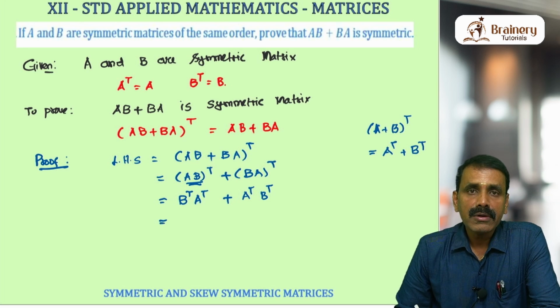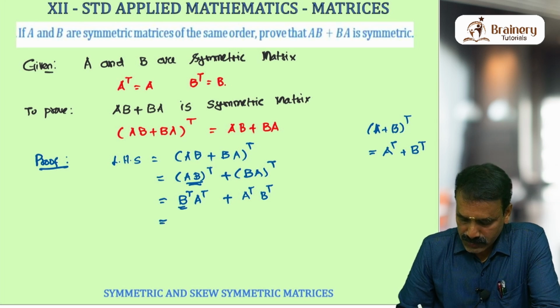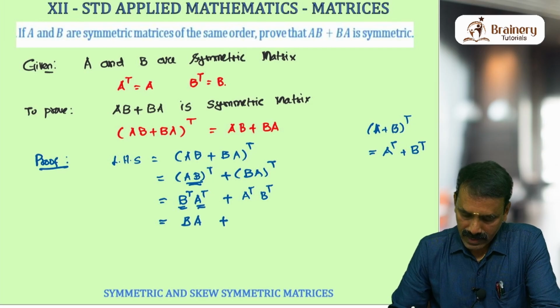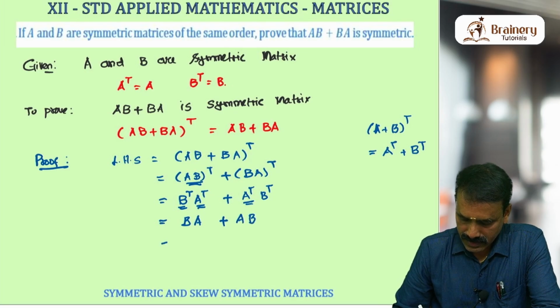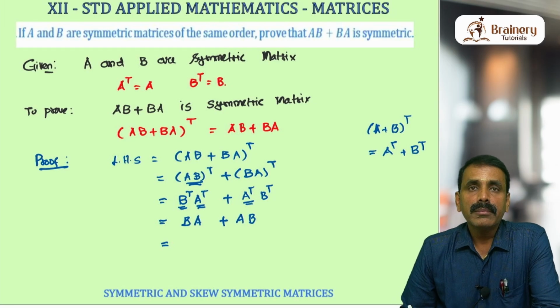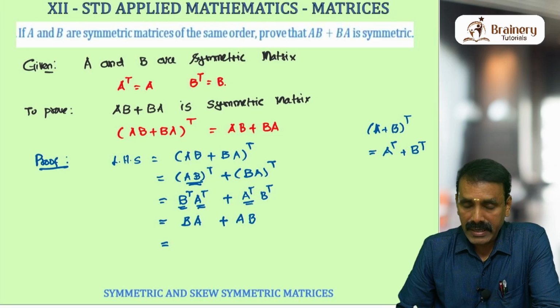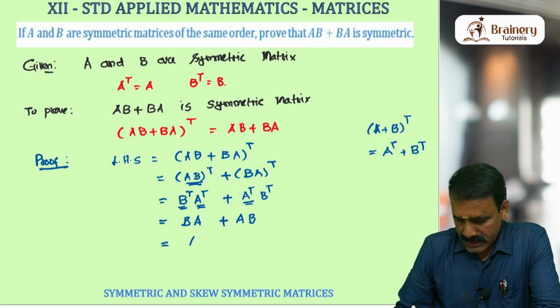Using the properties of symmetric matrices, B transpose will be written as B, A transpose as A, plus A transpose as A and B transpose as B. Now matrix addition is commutative, so we can rewrite this as AB plus BA, which is nothing but your RHS.